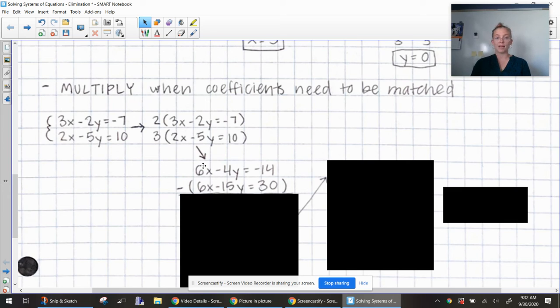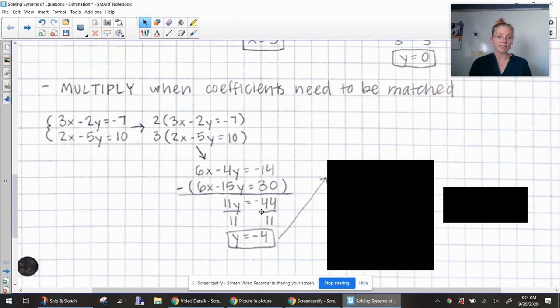So now I have matching coefficients. Because they're both positive, I'm going to subtract my equations. 6x minus 6x is 0x. We subtracted out our x's. Negative 4y minus negative 15y is 11y. And negative 14 minus 30 is negative 44.